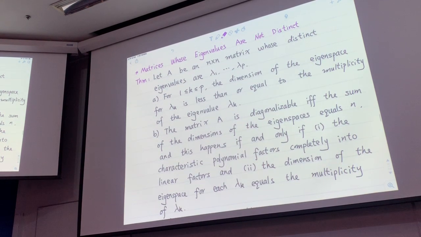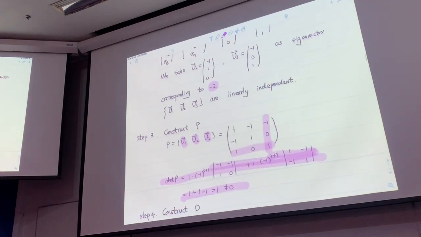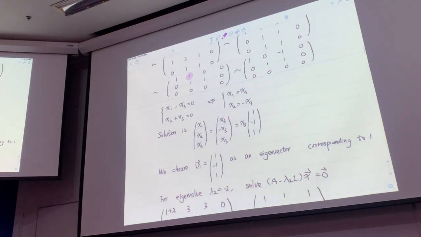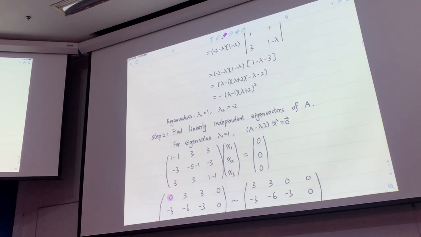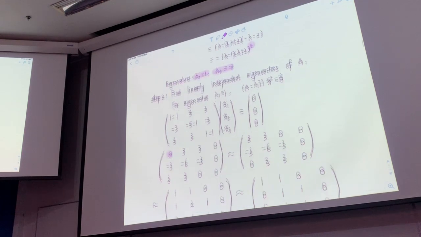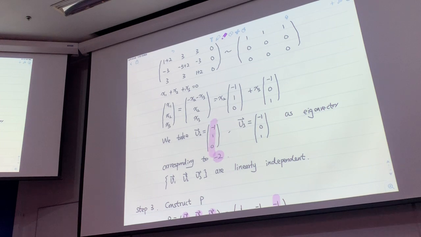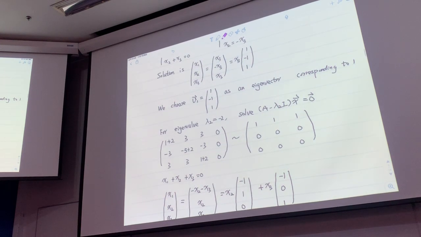Now, how about when the eigenvalues are not distinct? We discussed 2 special examples. In the first example, we have only two eigenvalues, and one eigenvalue has multiplicity 2. But in this example, we do find 3 eigenvectors.